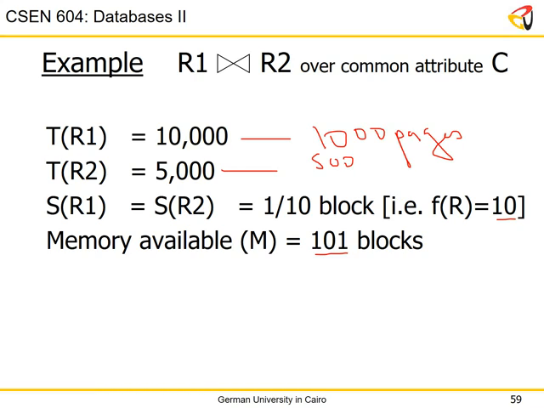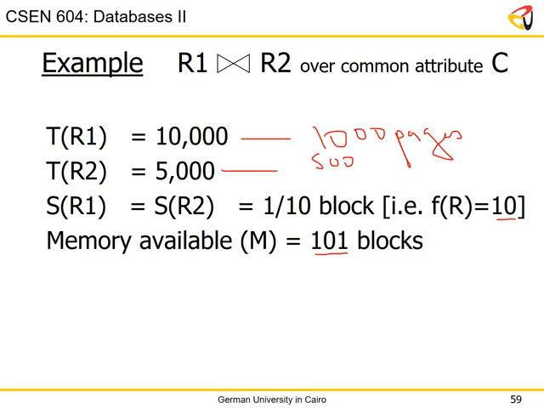Now that means I will have 10,000 divided by 10, so 1,000 pages for R1. I can just write it here: 1,000 pages. Over here, I will have 500 pages. Now, to run this SQL join, my M is 101 blocks.